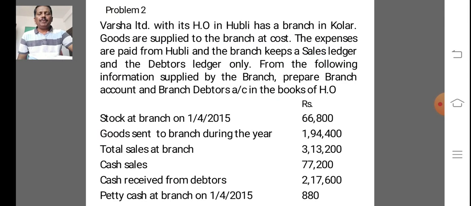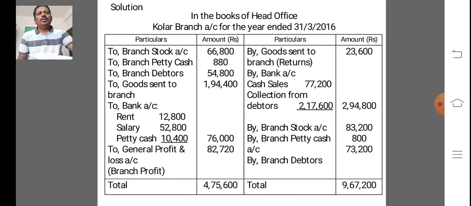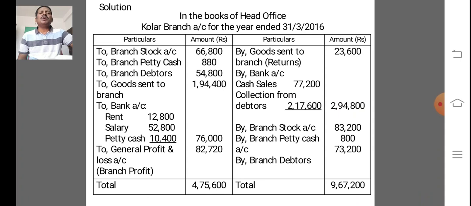So based on the information, we prepare the branch account in the books of head office, that is, Kolar Branch Account for the year ended 31/3/2016.